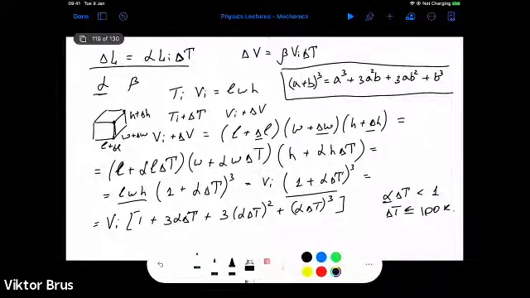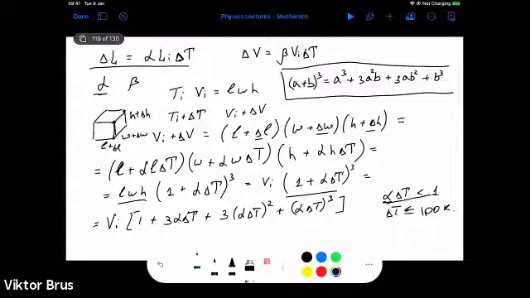So the coefficient of linear thermal expansion is a small value, and if we multiply it by a not very big change in temperature, within 100 Kelvin, this product will be less than unity.